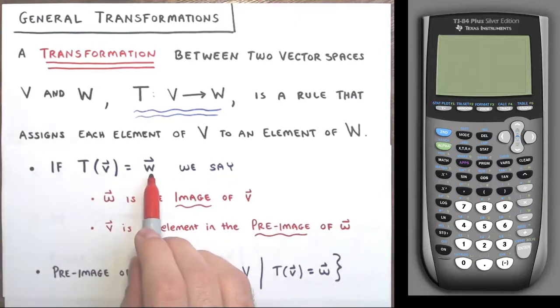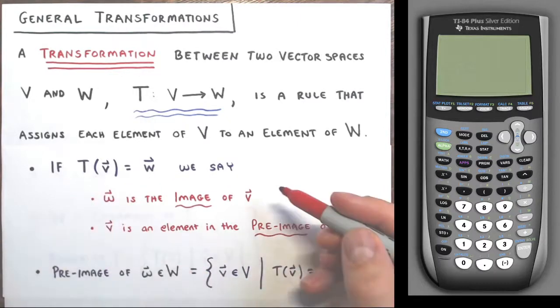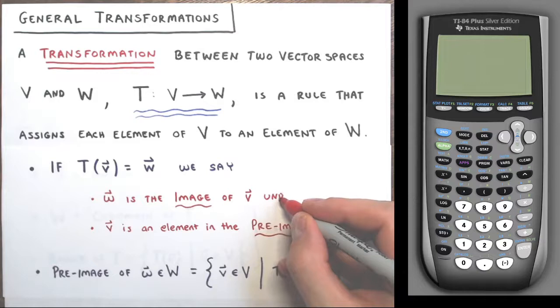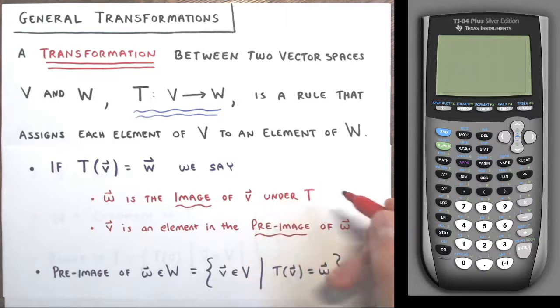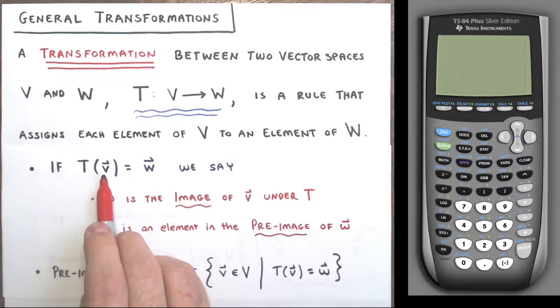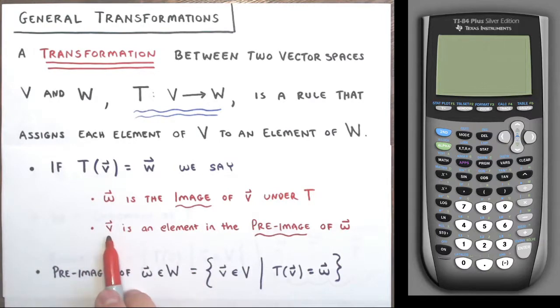I would say W is the image of V under transformation T. And V then, the input, is an element in the pre-image of W under T.